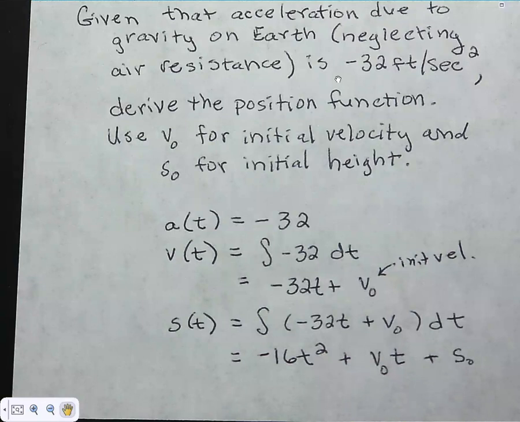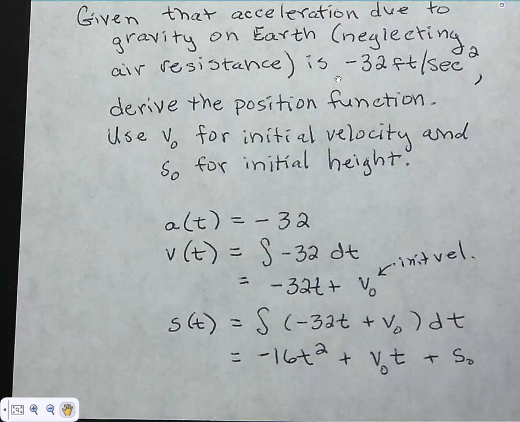As long as you're talking about gravity on Earth and neglecting air resistance, that acceleration is going to be -32 when your distance is measured in feet and your time is measured in seconds. Or if your distance is measured in meters, anybody remember what that constant is? -9.8 meters per second squared.